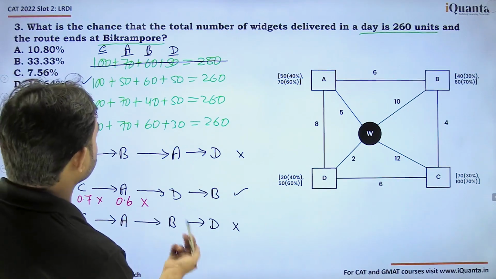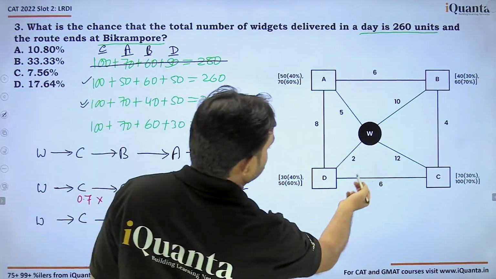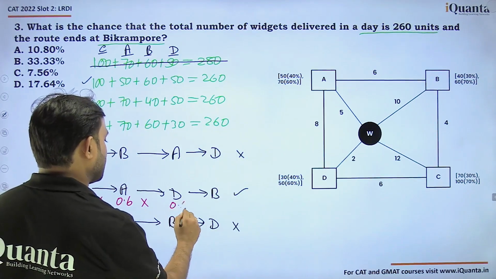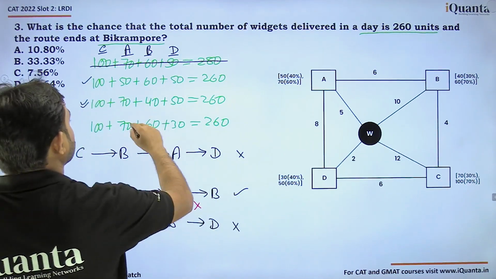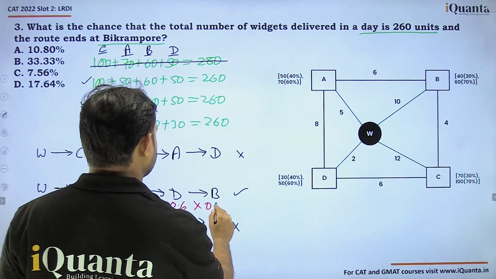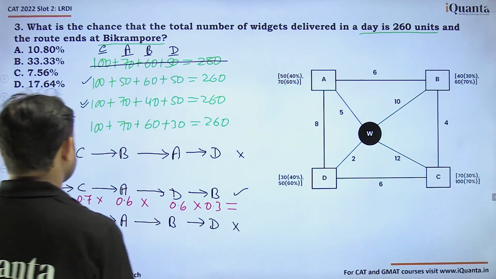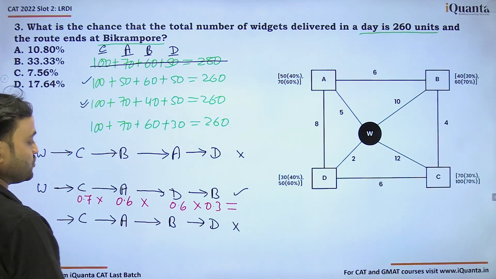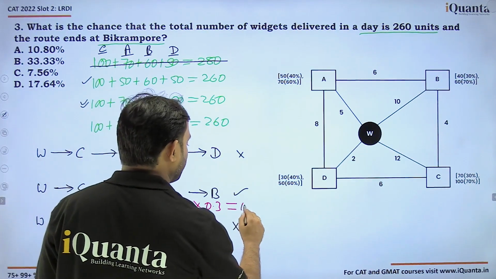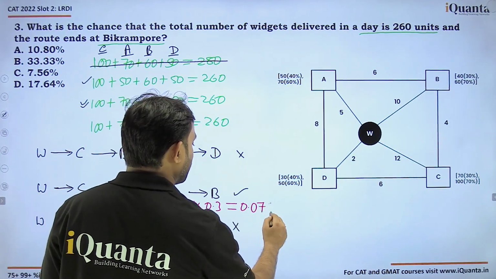So from A to D, the chance of getting D as 50 will be 0.6, and the chance at B of getting 40 will be 30%, which is 0.3. If you multiply this out, 7 into 6, 42, into 6 into 3, 18, we get 756, which is 0.0756.